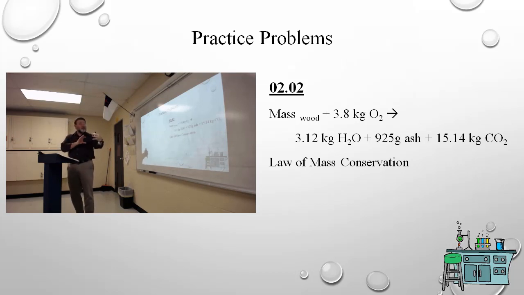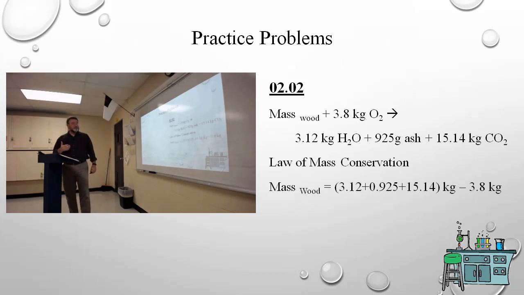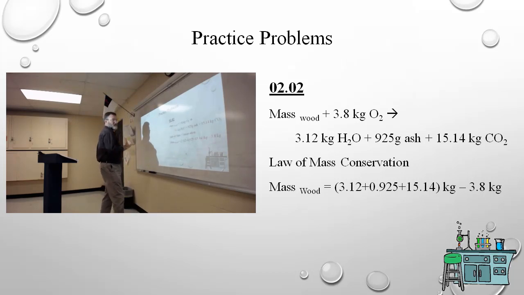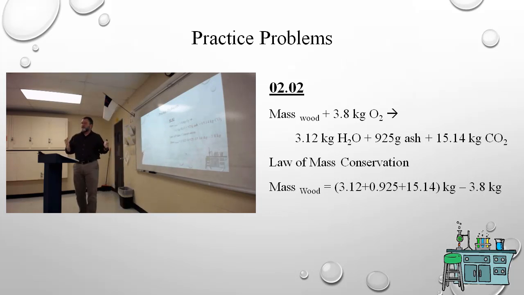Because the mass of what I started with is the mass of the wood plus 3.8 kilograms of oxygen. So I need to subtract out the mass of the oxygen from both sides. See? If I subtract 3.8 kilograms from the reactants and from the products and solve for the unknown, which is the mass of the wood, the math looks like this.